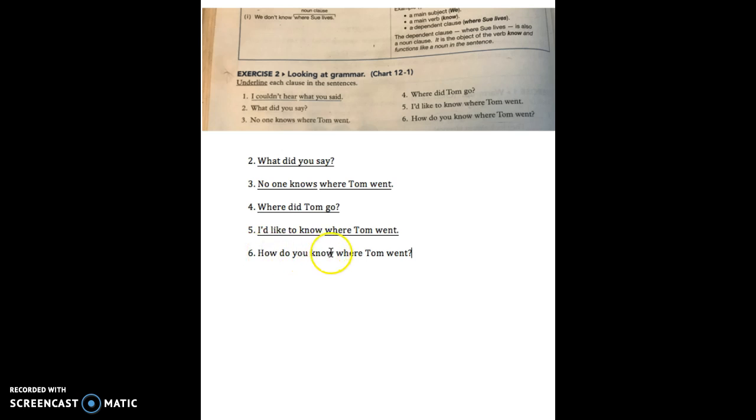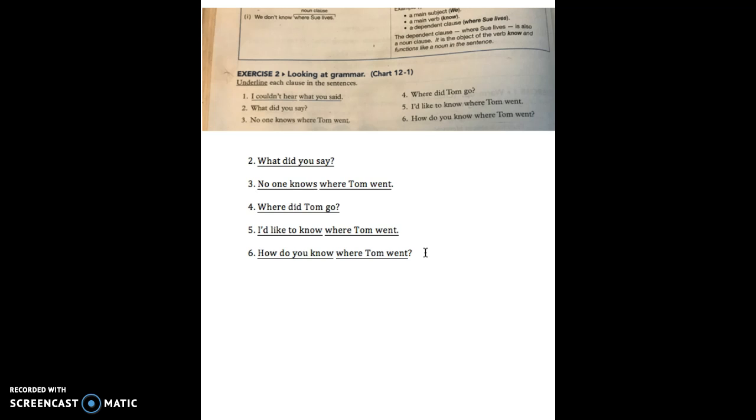We have how do you know? And we have where Tom went. So this is a complex question. We have our regular question part, how do you know? And then we have our noun clause part, where Tom went.